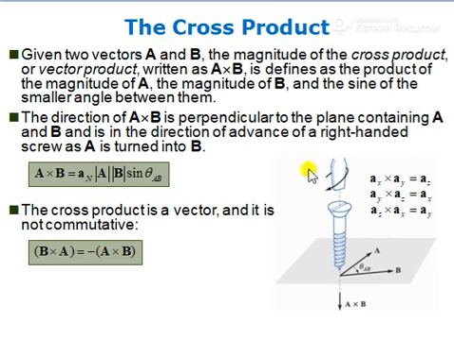Based on the right-handed screw rule, if the screw is turned to the right, with vector A turning towards vector B, the screw goes downwards. Any plane has two directions, upward and downward. So if the screw is rotating right, as the vector rotates from A to B, it will have a downward direction.